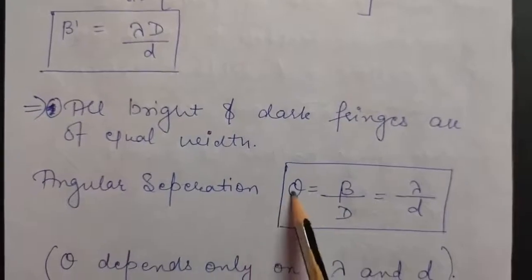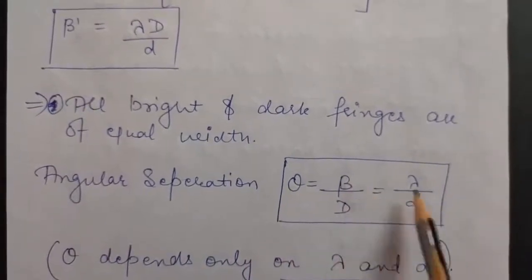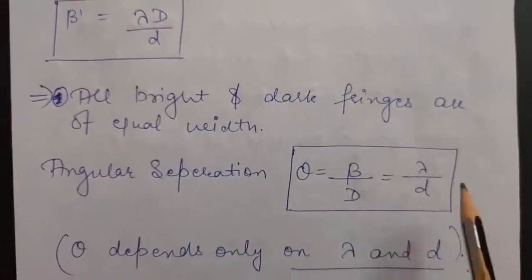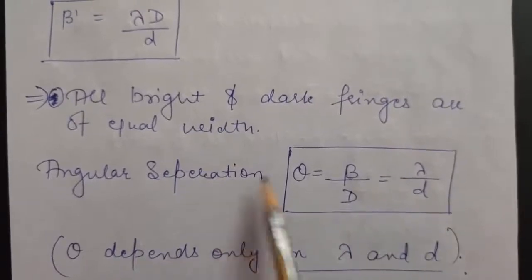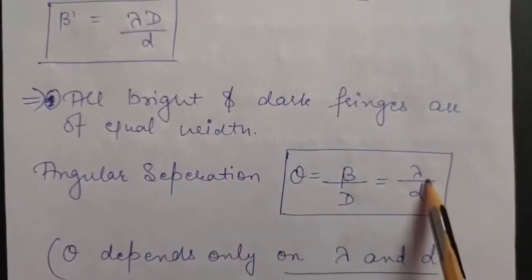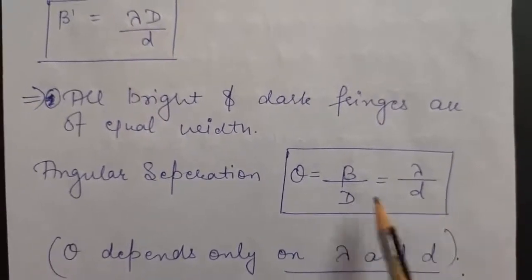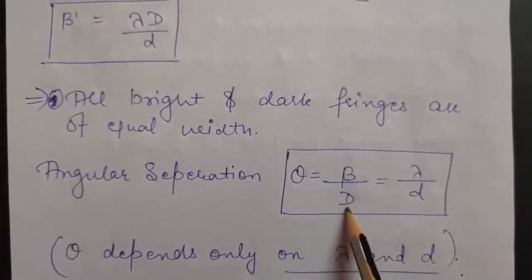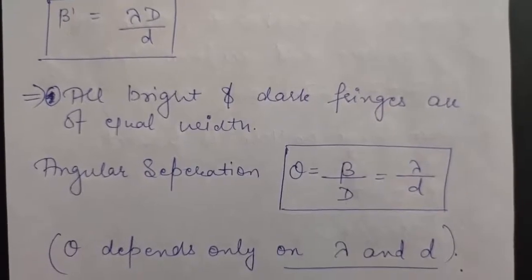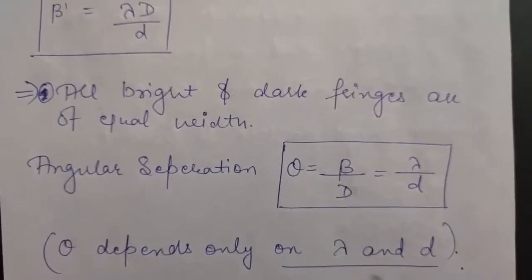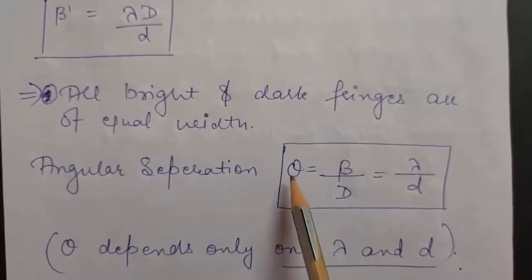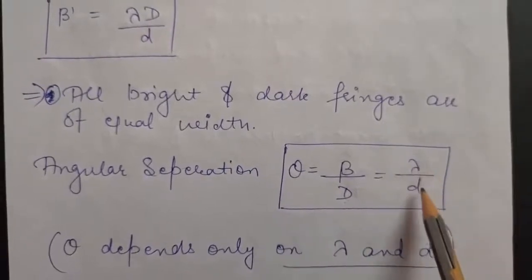So theta is beta by D, which will be equal to lambda by d. So always remember that angular separation only depends on the wavelength of light and the distance between the two slits. That is, it is independent of capital D, the distance between slits and the screen. This is the important point here, okay? So remember it, theta only depends on lambda and small d.